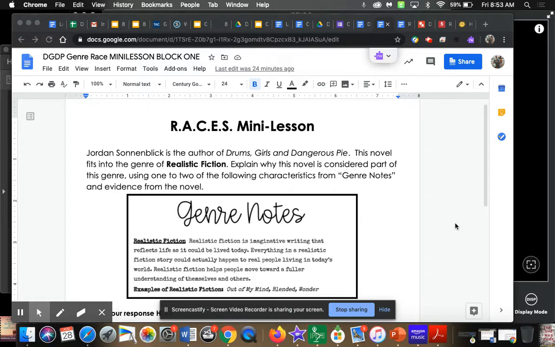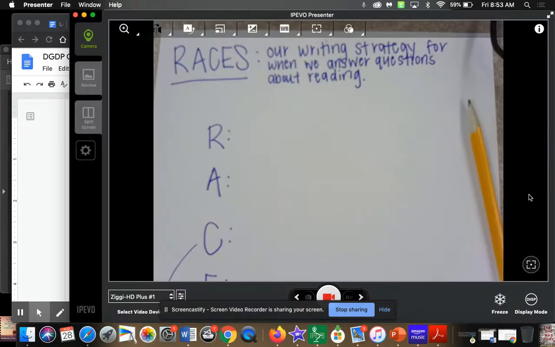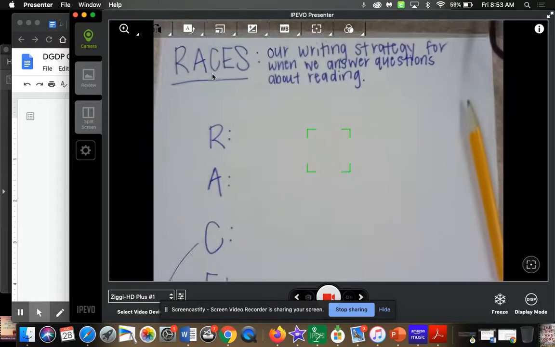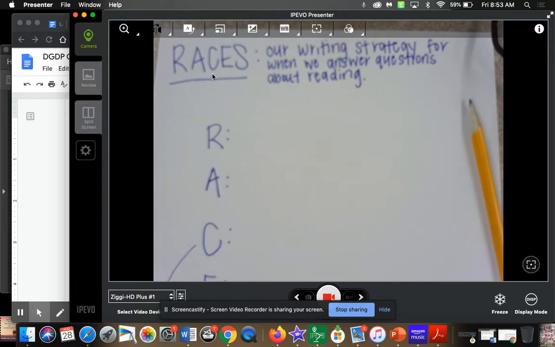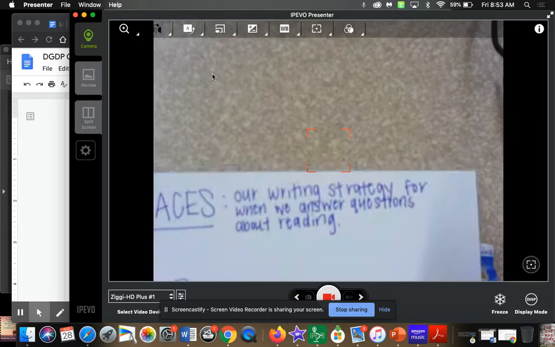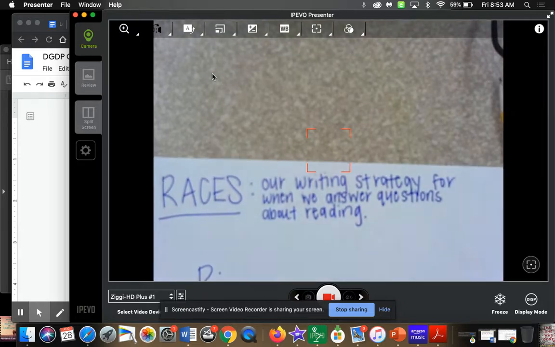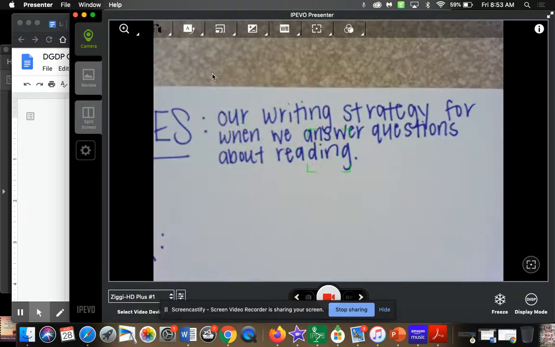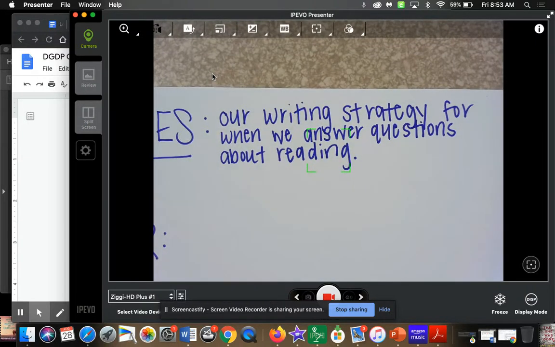So in your notebooks, at the very top, I want you to write the word RACES. And then I want you to write down this definition: the writing strategy for when we answer questions about reading.